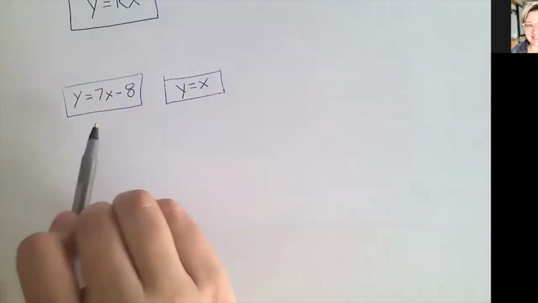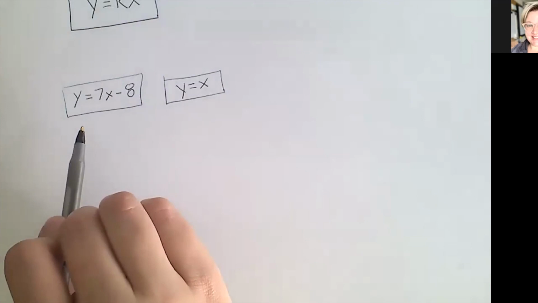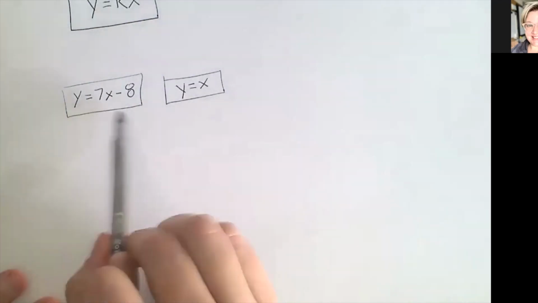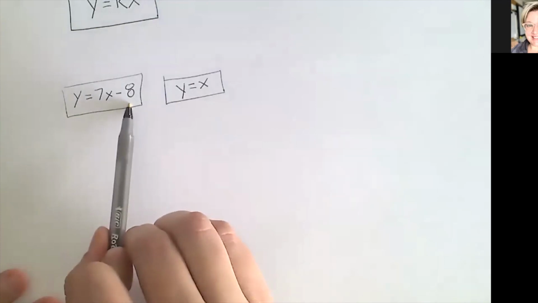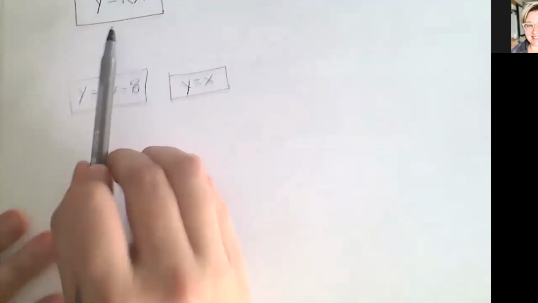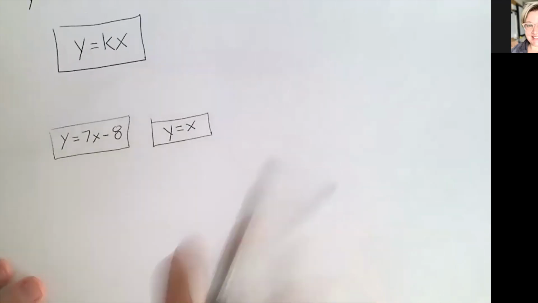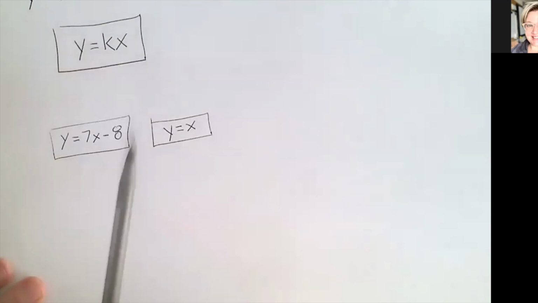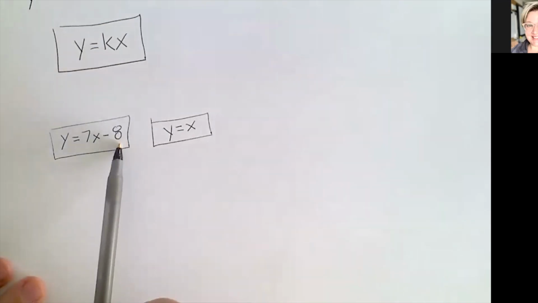So let's look at this one first. Since this equation has a constant 8 subtracted each time from the 7x, it can't be written this way. We can't write this as this formula, y equals kx, because there always is this minus 8 piece.